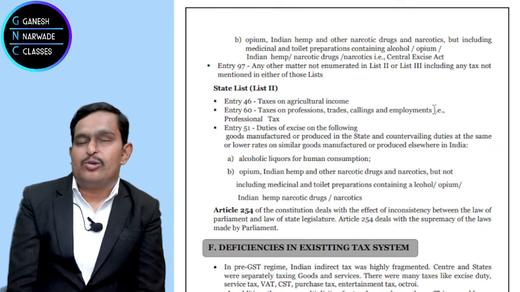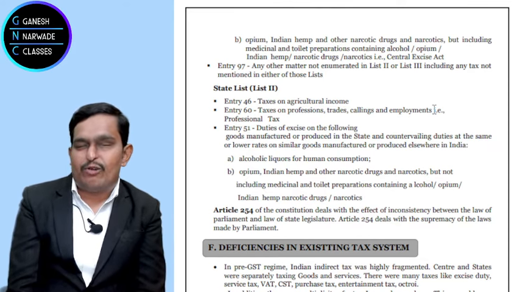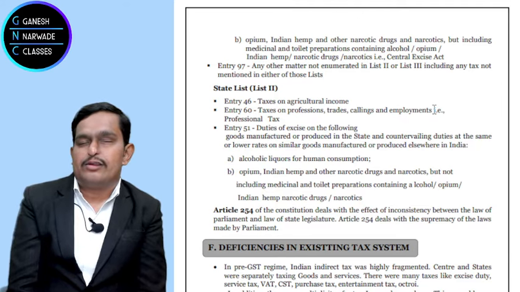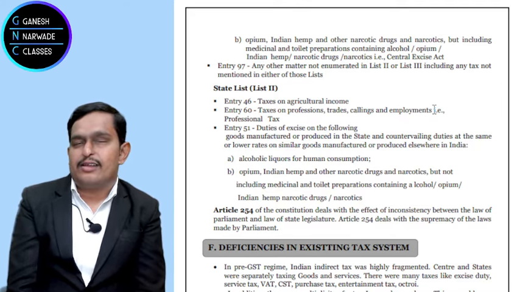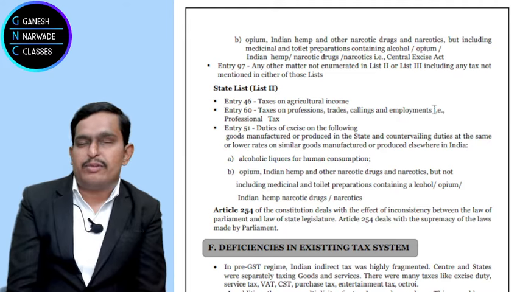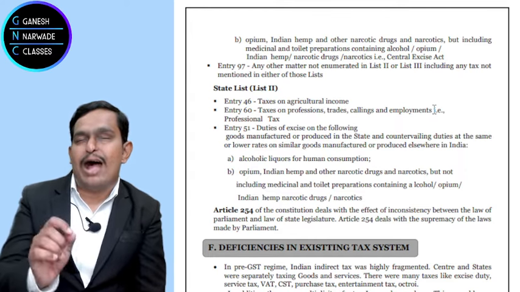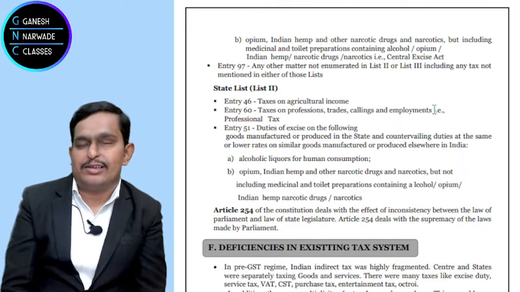List 1, union list, entry number 97. What it says: if the items are not mentioned in any of the lists, then the central government reserves the power to levy tax on it.